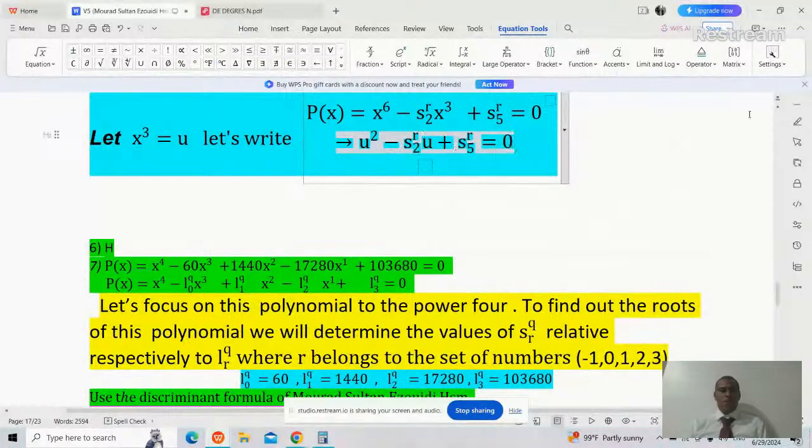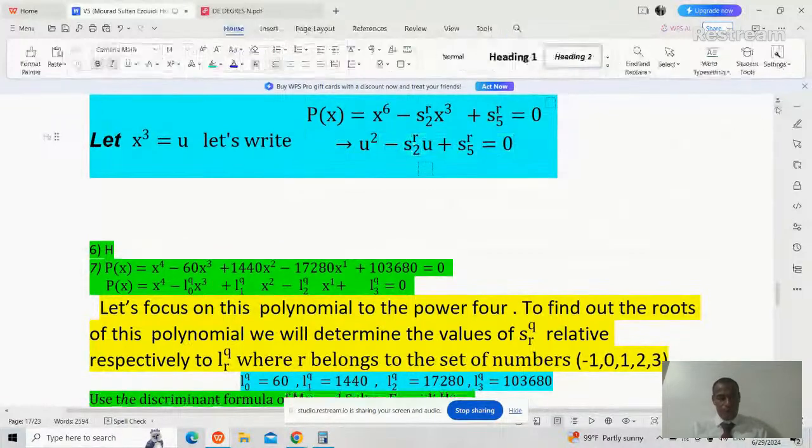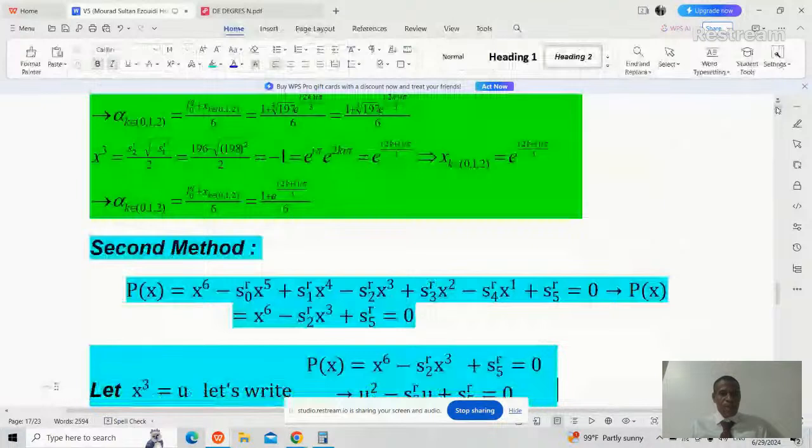Therefore, now I can conclude, learners. I'm making my laptop work. We said that these are the roots.